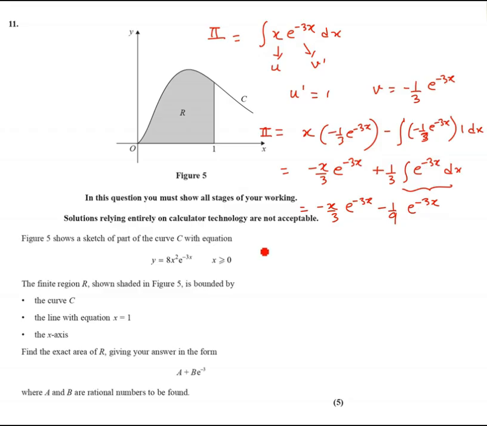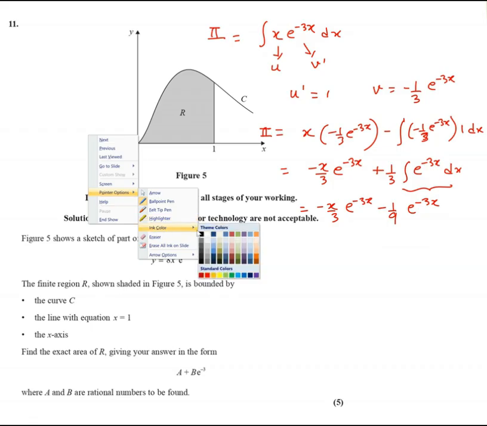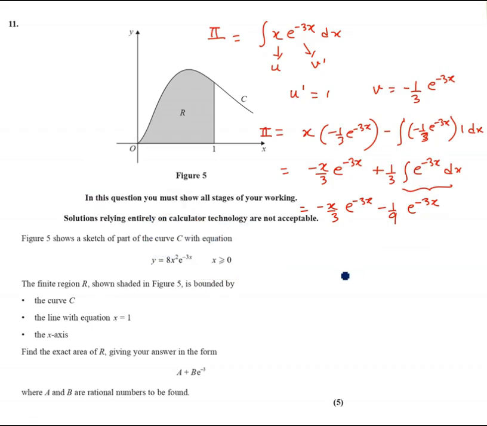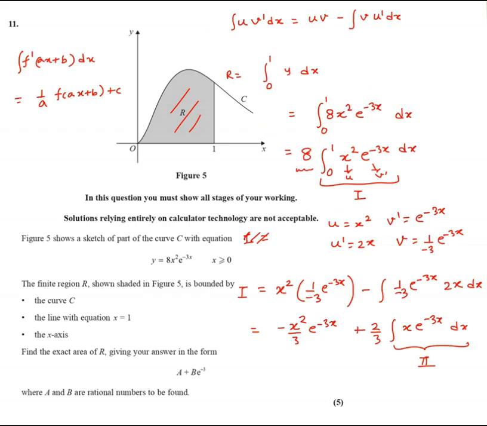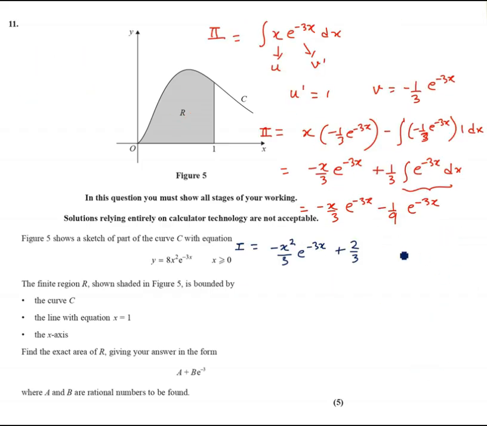So your I was, let me change the color of my pen just to keep it simple. So I was minus x squared over 3 e to the power minus 3x plus 2/3, and then this is II, or second, you can call it second. So you can write down here minus x over 3 e to the power minus 3x minus 1 over 9 e to the power minus 3x.